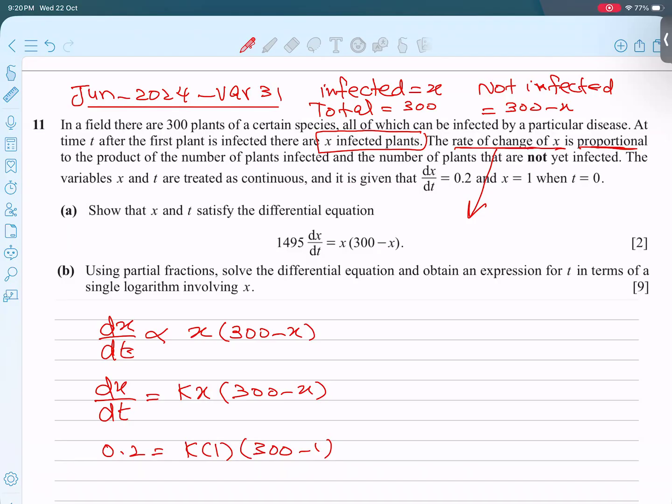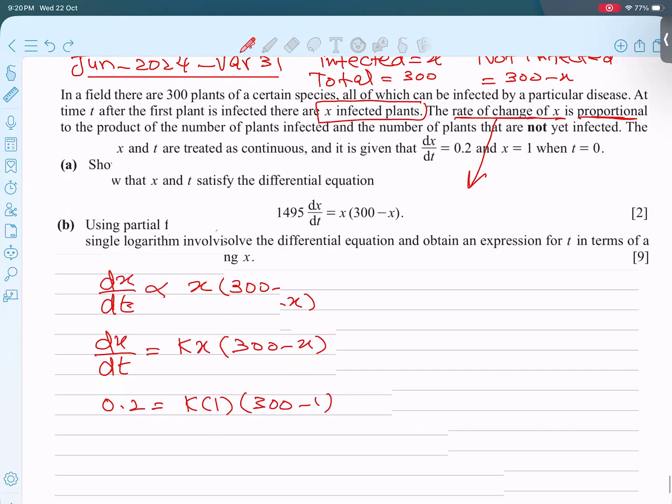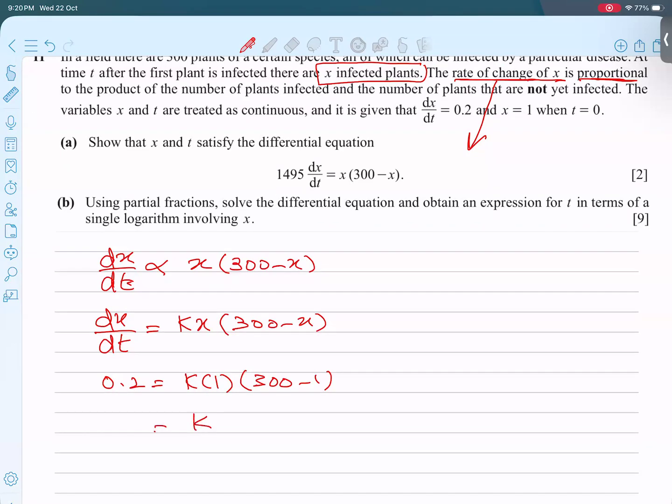Let me check on the calculator: 0.2 divided by 299, so k is 1 over 1495.